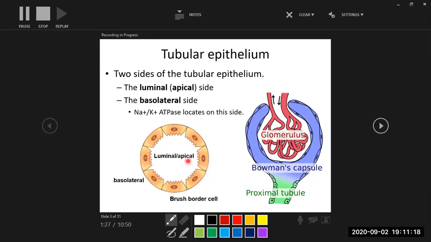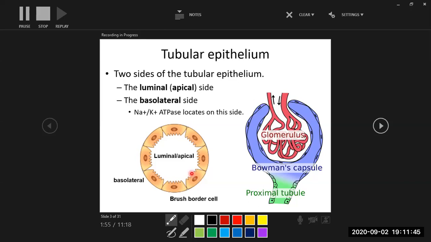So just some very fundamental knowledge here, because we are going to say this over and over again, which is that in the epithelium cells, we have the luminal side. This is the luminal side, or apical side. Different regions have different channels or different transporters to conduct the reabsorption or secretion.